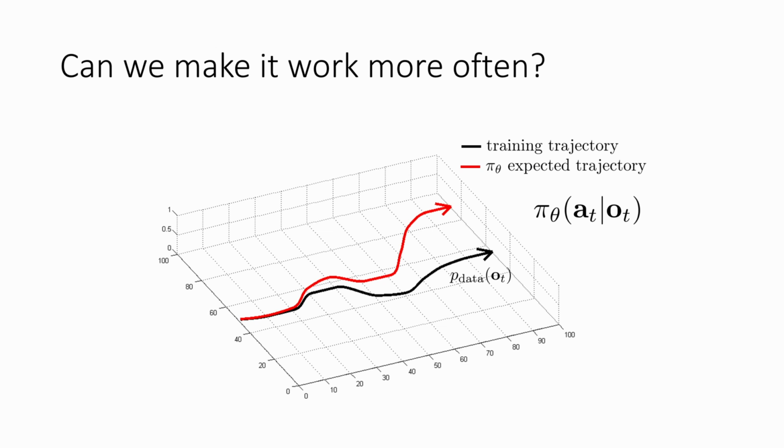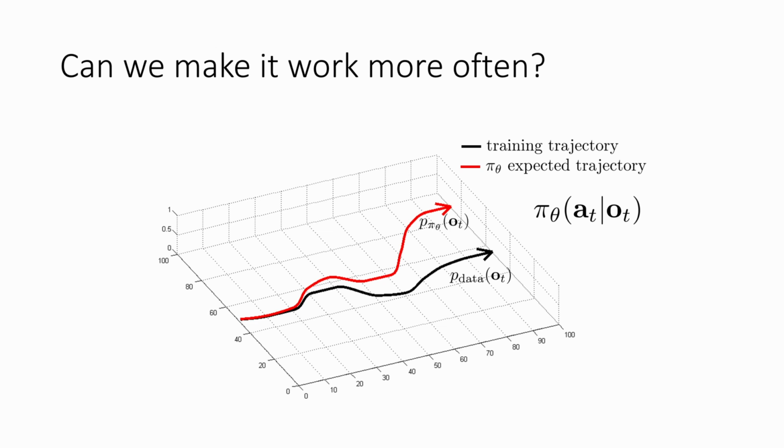Now you're going to use this data to train your pi theta A given O. And then you will run this pi theta A given O. Run pi theta means sample from pi theta to get the action, apply that action, and see what happens next. And when you do that, you will receive observations. But those observations come from a different distribution.